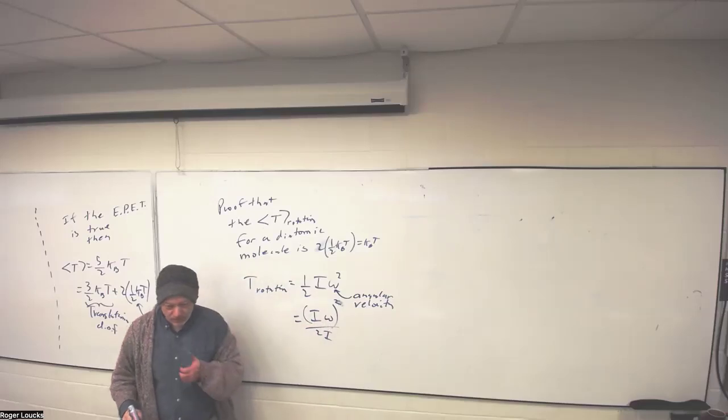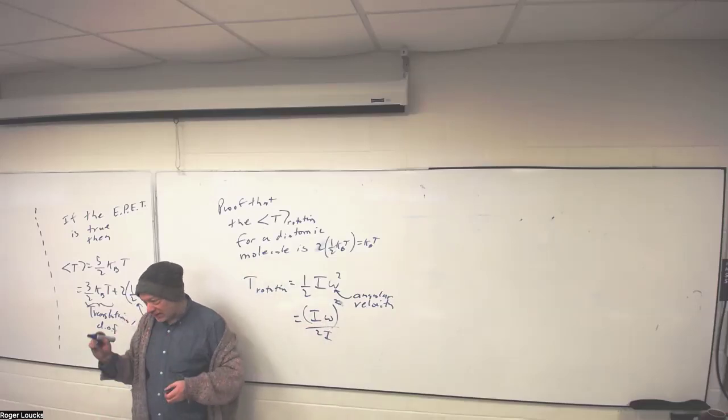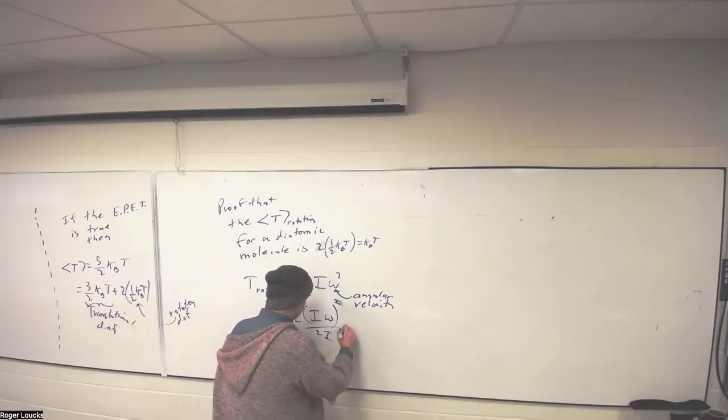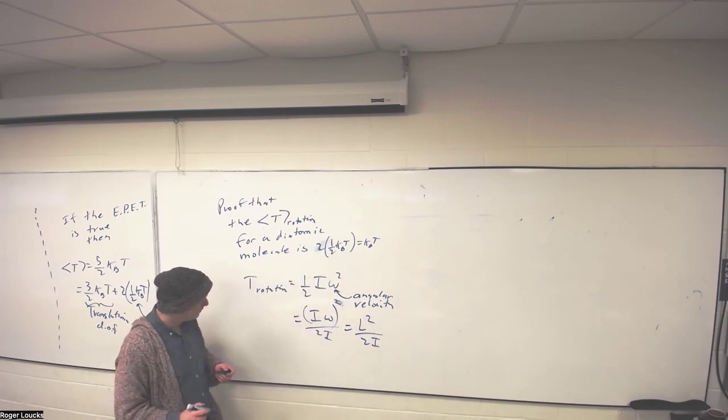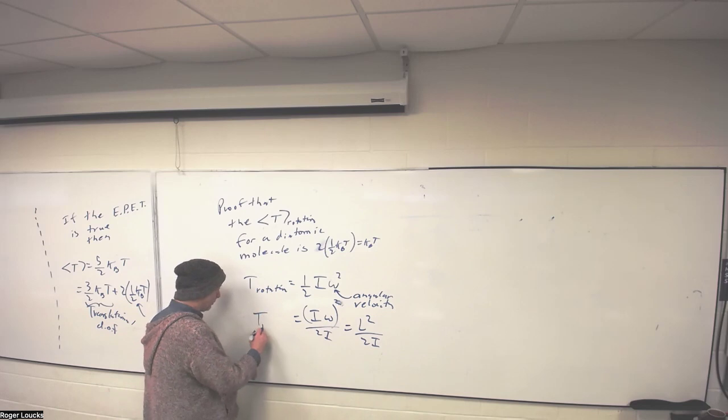What is I times omega? That's your angular momentum. So this is your angular momentum squared over 2I. That's going to be the energy.